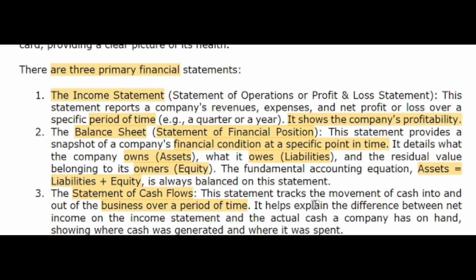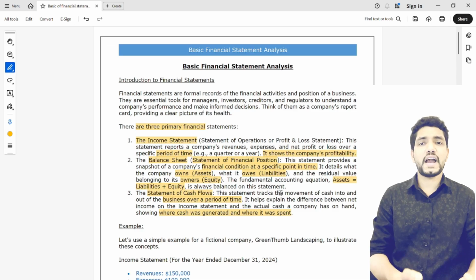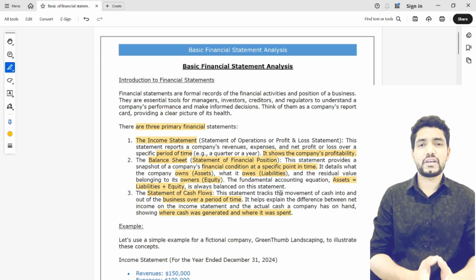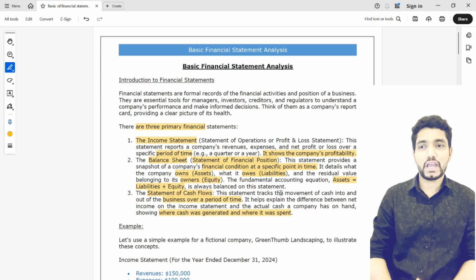It helps explain the difference between net income on the income statement and the actual cash a company has on hand, showing where cash was generated and where it was spent. It shows the cash inflow and outflow, where the company generated the cash and where it spent the money.